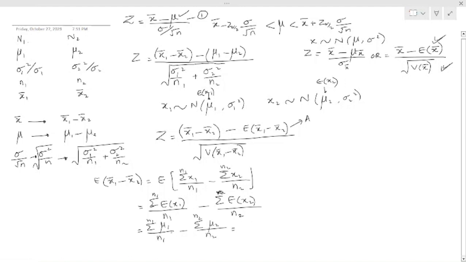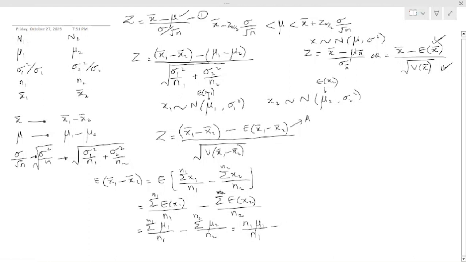Now we can read this mu1 with the summation sign applied on it as mu1 added n1 times, and we can alternatively write it down as n1 mu1 divided by n1.